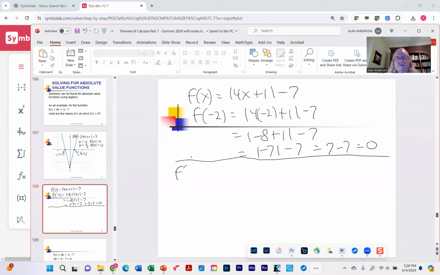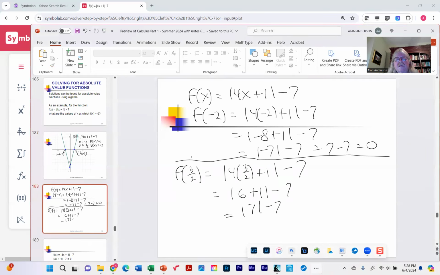Now, 3/2 looks like this. So 4 times 3/2 is 6. And we still end up with 0. So we know that these are correct solutions.